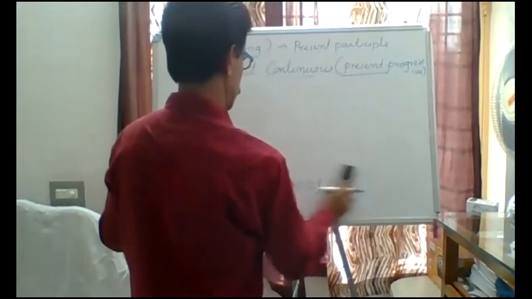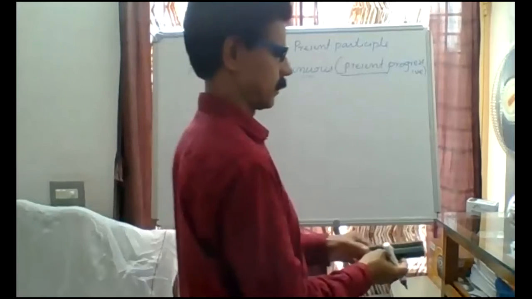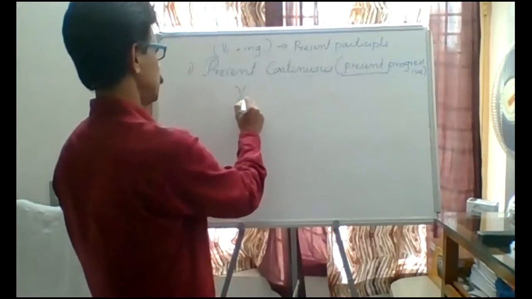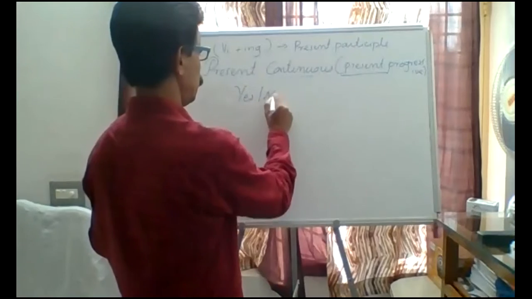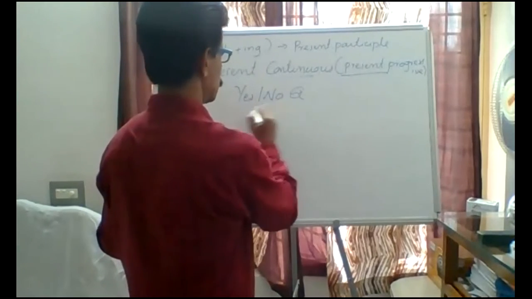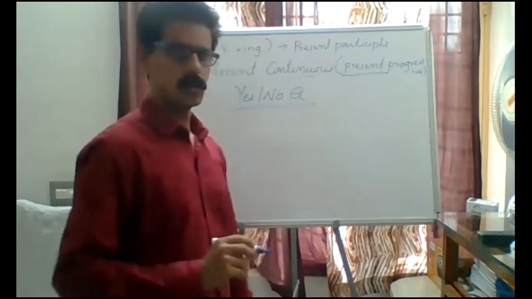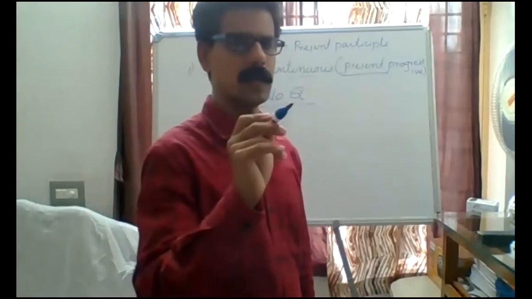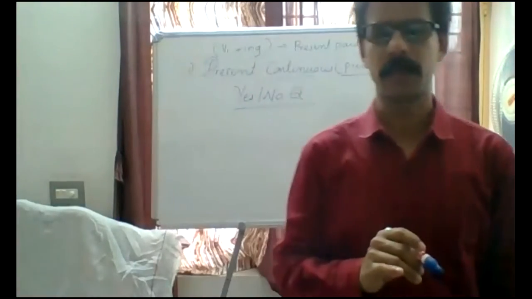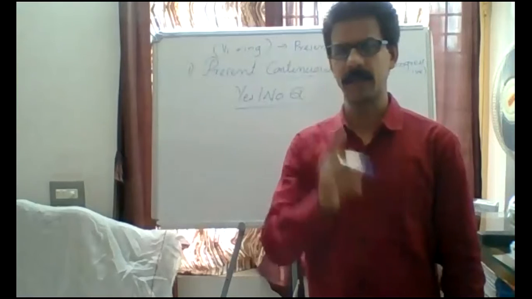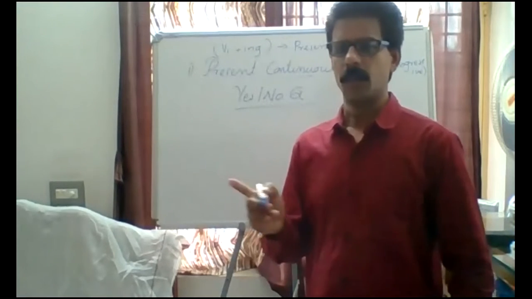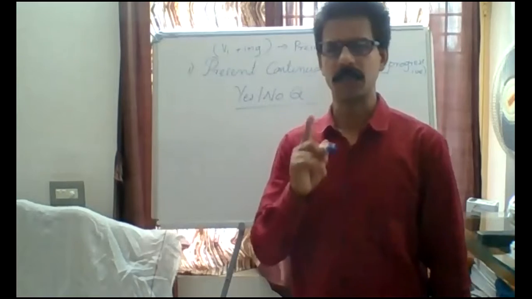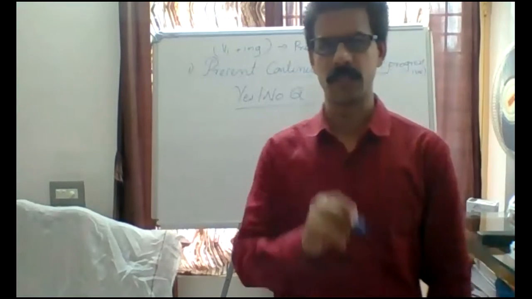We can use it as a question. Already, yes or no question. How to make yes or no questions? Yes or no question framing is very easy if there are helping verbs at the beginning. Yesterday we saw will or shall are the helping verbs in the simple future.